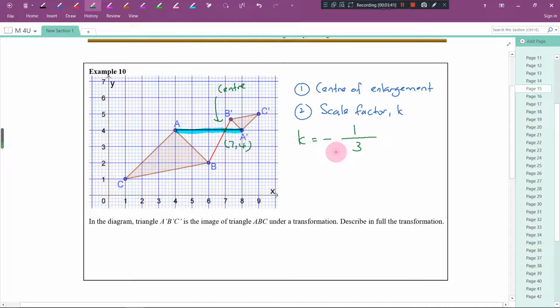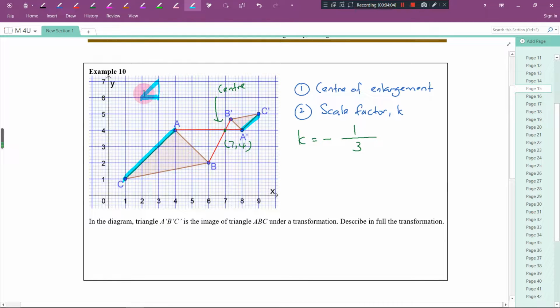If you don't want to use this way, you can use another way, but you will still get exactly the same answer. So some students might use this way. This side compared with this side. So just assume that this is 1 unit. This is actually not 1 unit. Here is 1 unit, here is 1 unit. This is a diagonal, right?